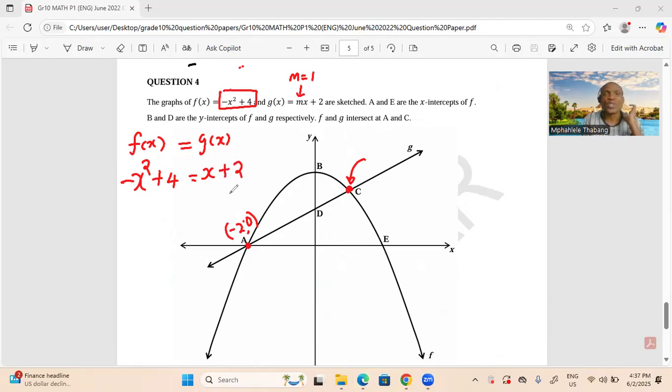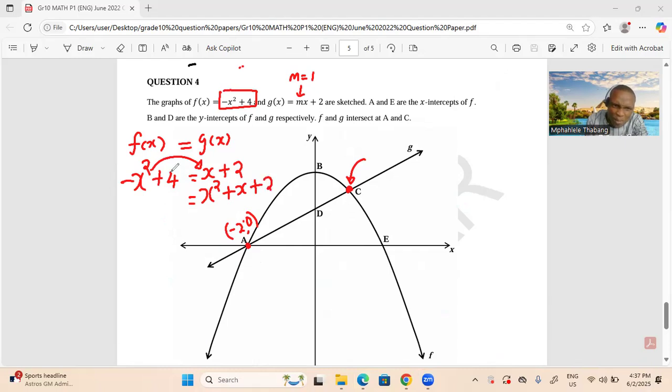From here, you start solving for x. You can take x squared, bring it to the right-hand side. I don't like x squared being negative. So the reason I'm taking it to the right-hand side, I want it to be positive. So on the right you're going to have x squared plus x, which has been this side, even 2, it has been this side.